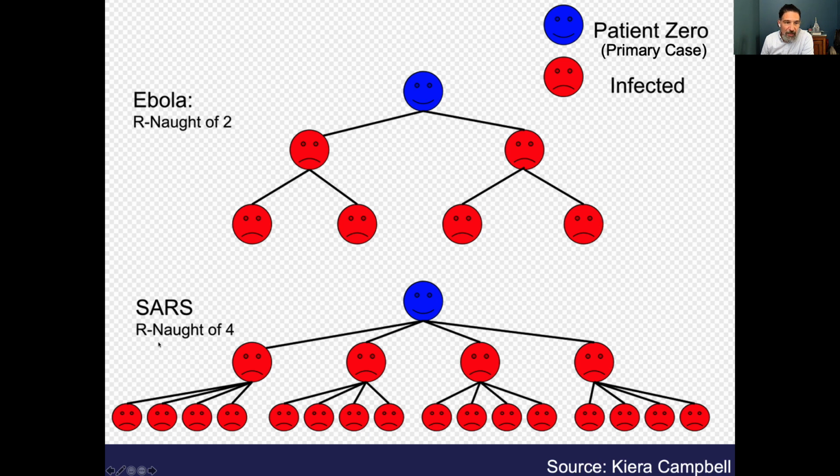But if you look at SARS-CoV-1 with an R0 of 4, you can see that the numbers of cases with each wave rise much more rapidly, so that by the end of wave 2, there are now 21 people. So R0 refers to the potential for epidemic spread and how quickly they may increase from one wave to the next.